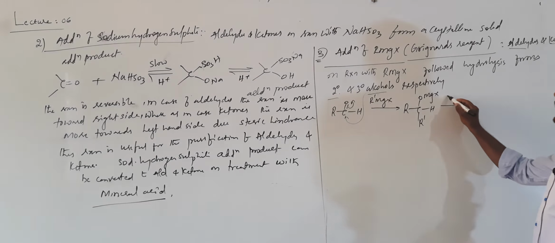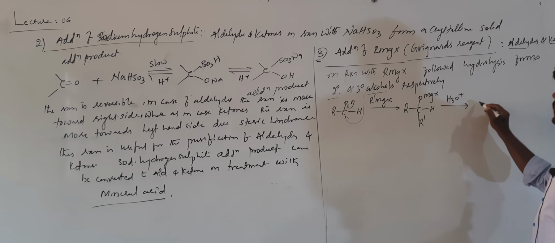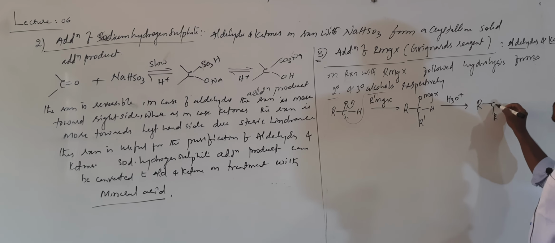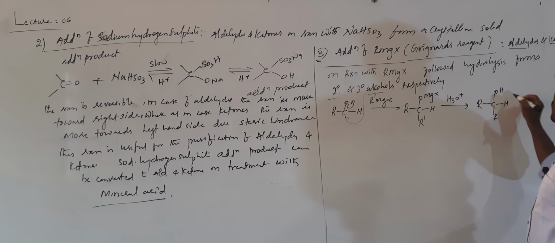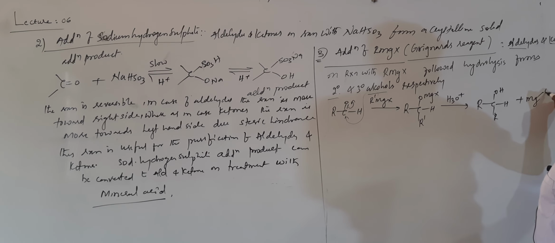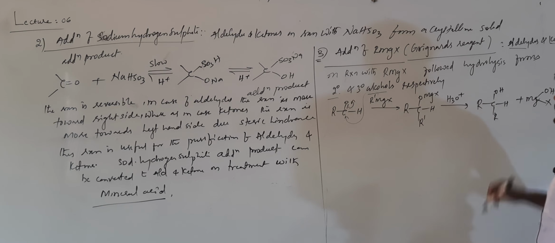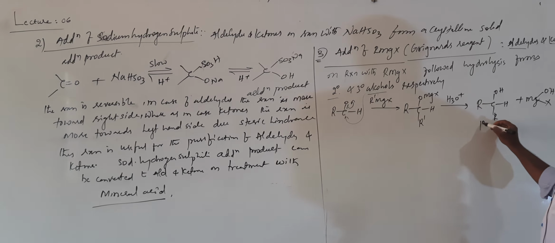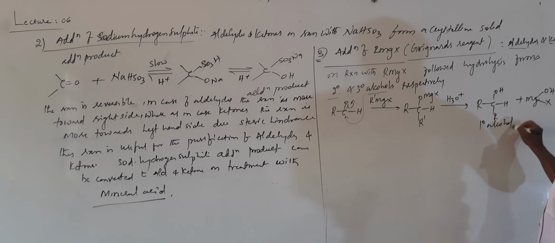This is followed by hydrolysis. On hydrolysis, it will form alcohol along with the formation of magnesium hydroxyhalide. This is what we call primary alcohol.